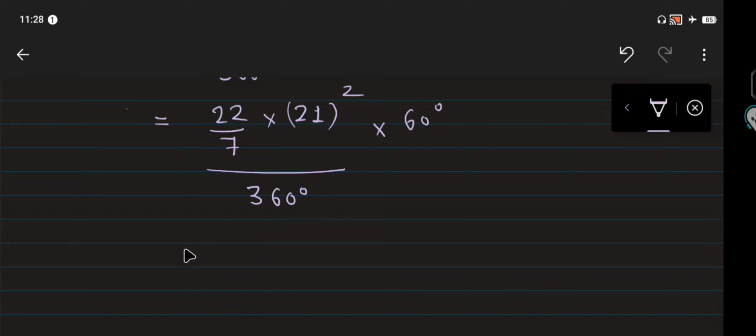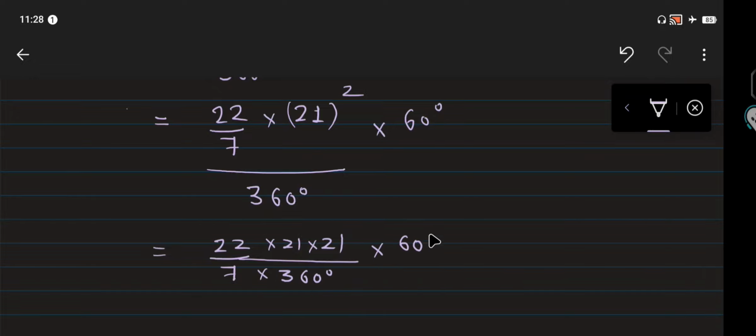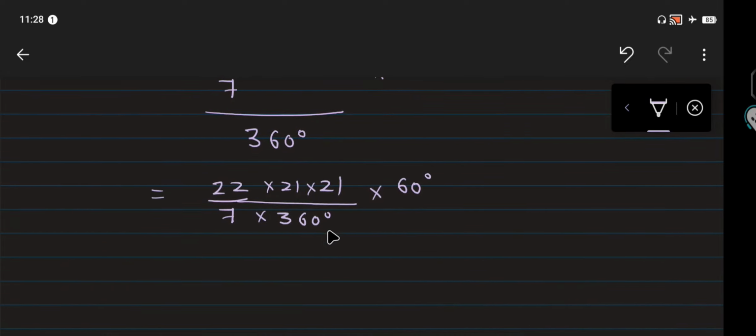So we need to just simplify it a little bit. Let me write it in a better way. So now simplify it. We can cut down this 0, and 6 1 is 6, 6 6 is 36, 7 1 is 7, and 7 3 is 21.